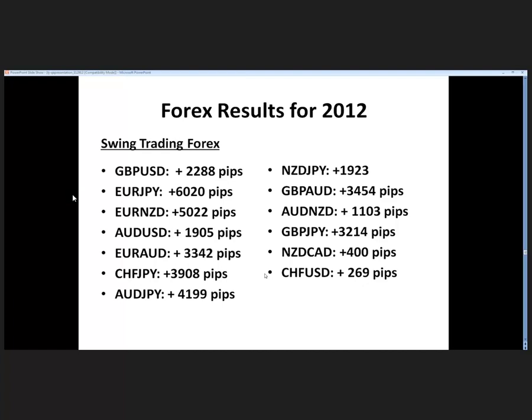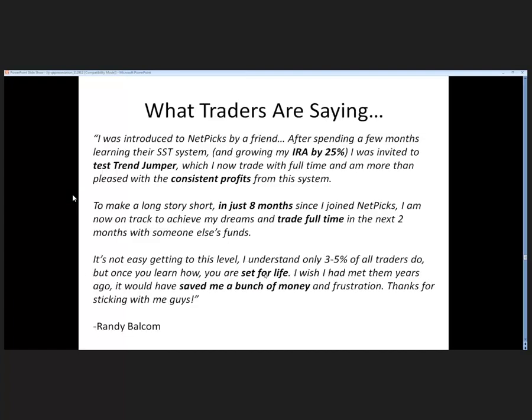You combine a strong winning percentage with a favorable risk-reward ratio, and you've got a strategy you can build a business upon, and that is exactly what the Trend Jumper does. You're going to get almost 2 to 1 when you go to that third target, which I'll show you, which means you can overcome losses really quick and really easy.